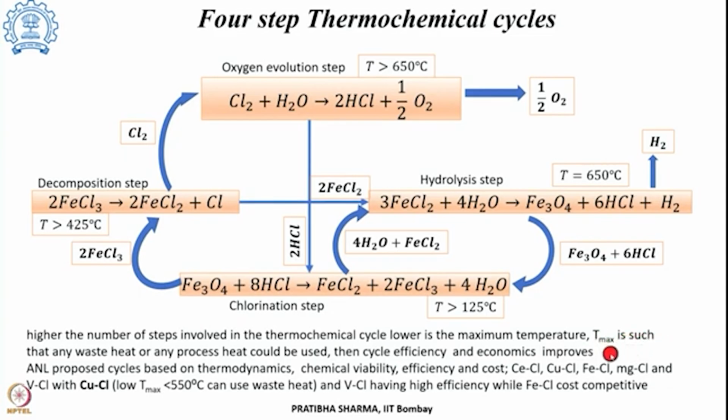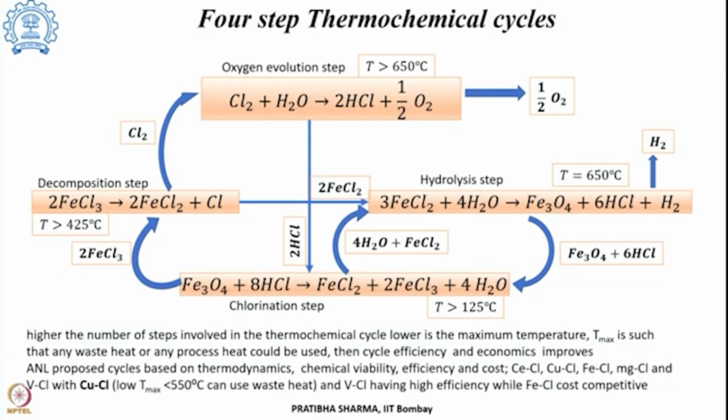And if it gets so much lower that any waste heat or process heat available from industrial processes could be used for the thermochemical cycle, then the economics as well as the efficiency work very well. Let us look at one of these 4 step cycles.